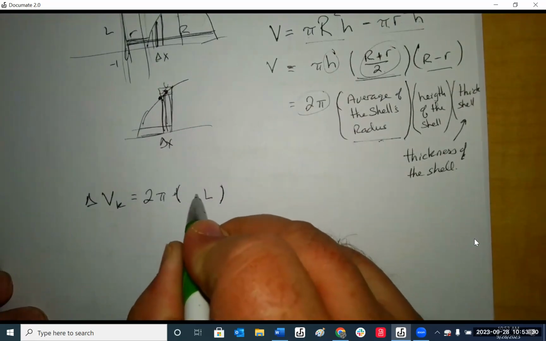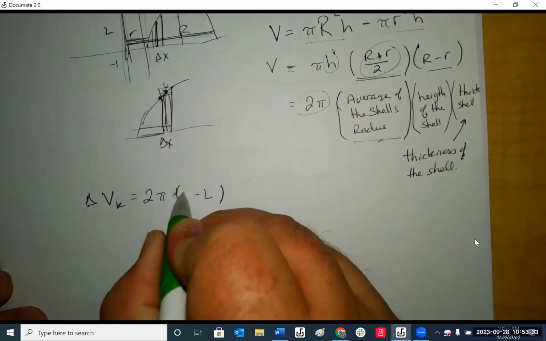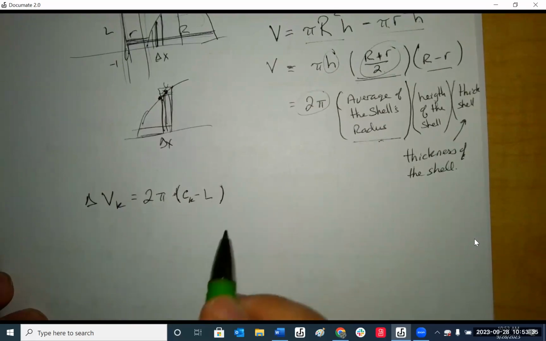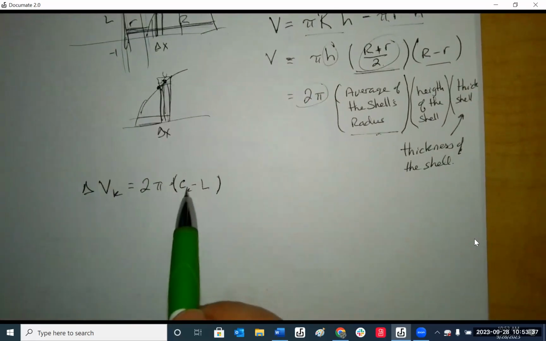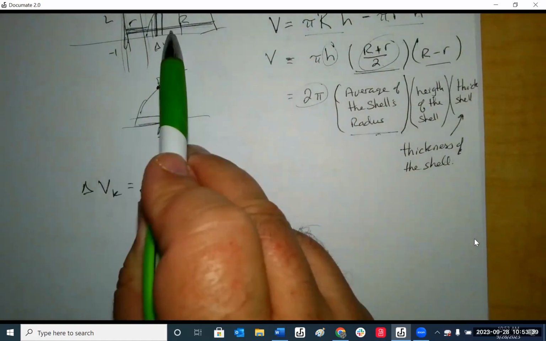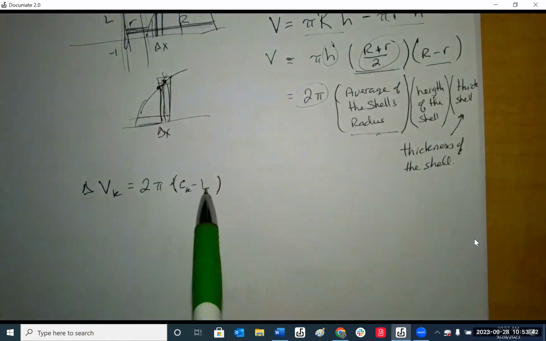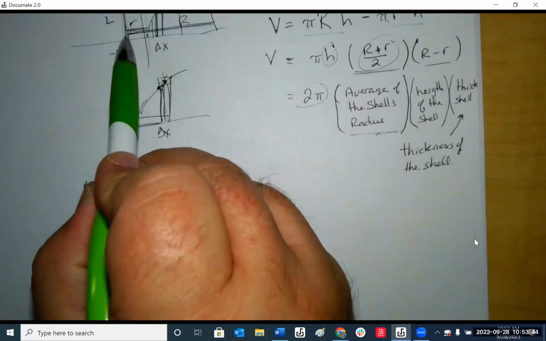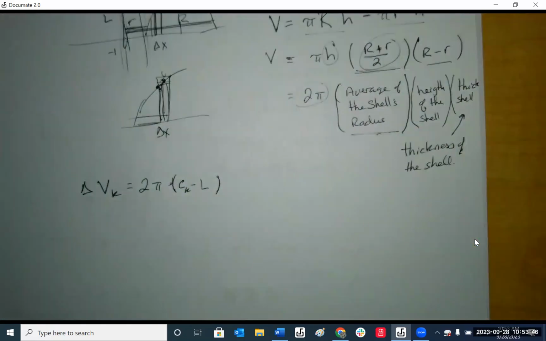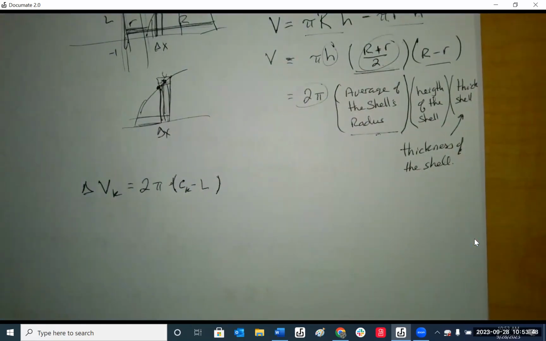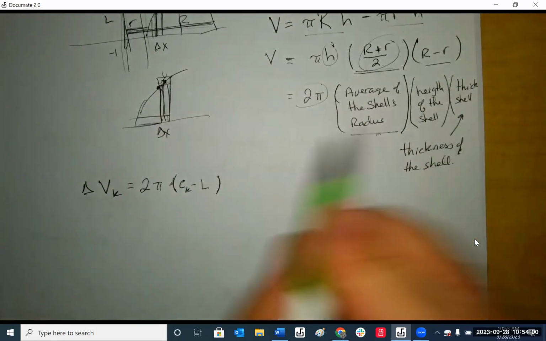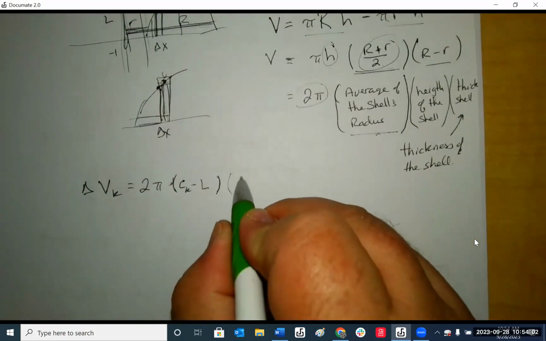So it's about where c sub k is the function's input minus the L value. Because if it's not on the origin, we have to shift it over some. The height was our function.